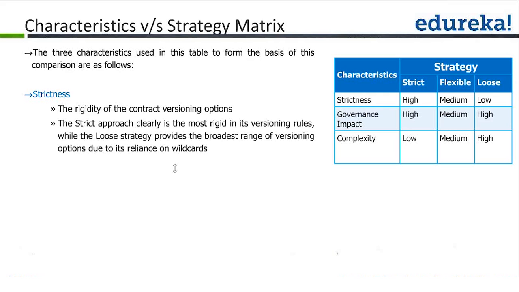So why did I ask this? When your characteristic is complex and your strategy is strict, because you have a strict strategy, if there is any change, you will just deploy anything new, and you know it is complex, right?